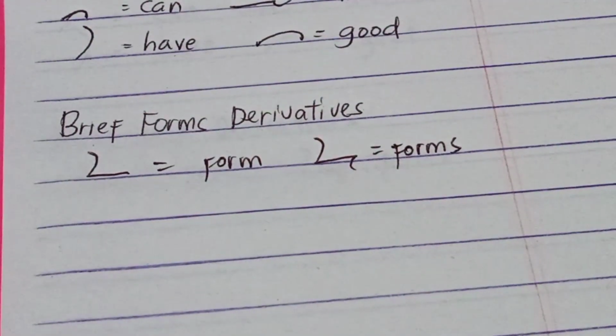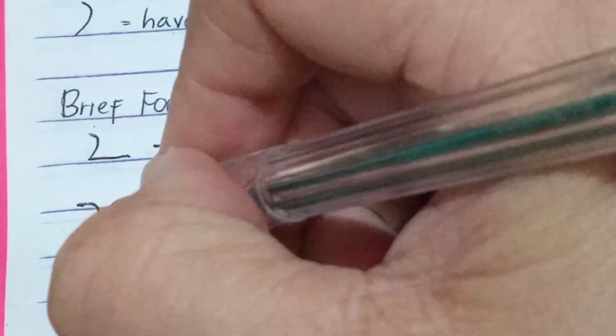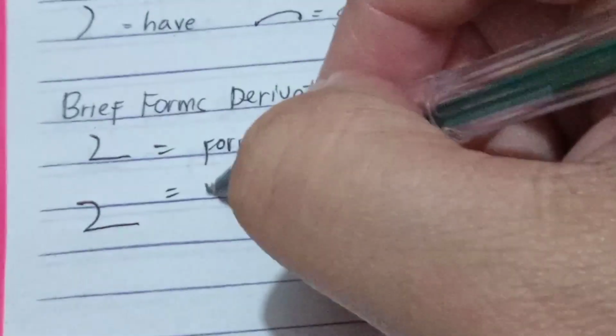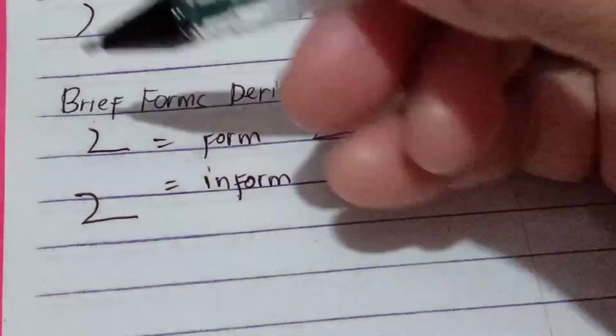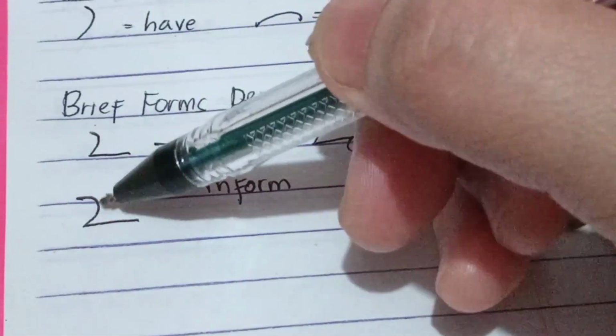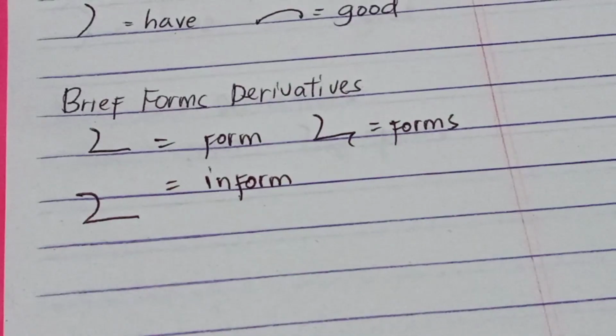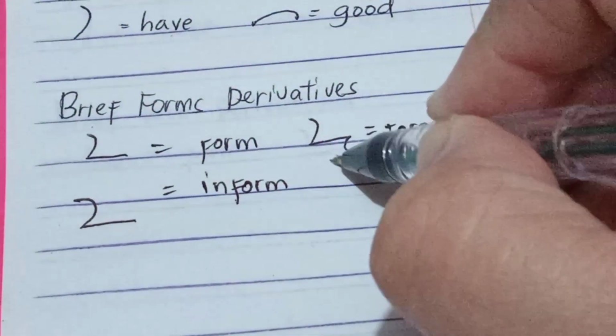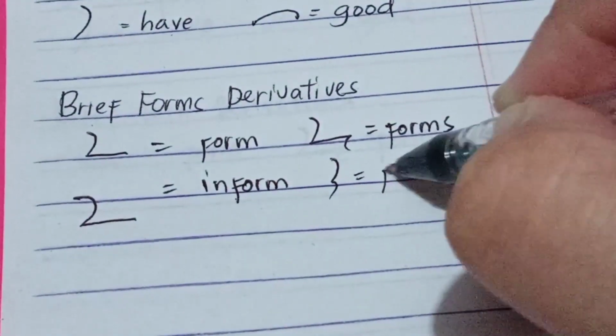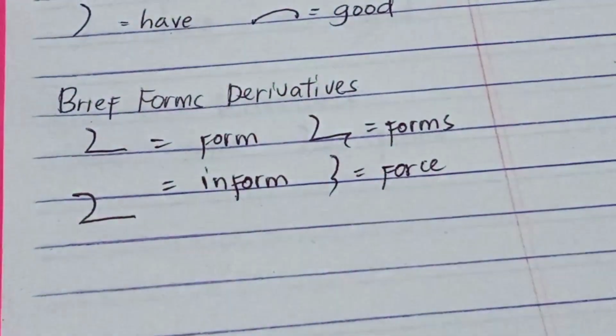Okay? How about if I write in, then for, then M, so ito po ay nagiging inform. Okay? Asan po yung N? This is the N, this is the for, and this is the M. So it's already inform.